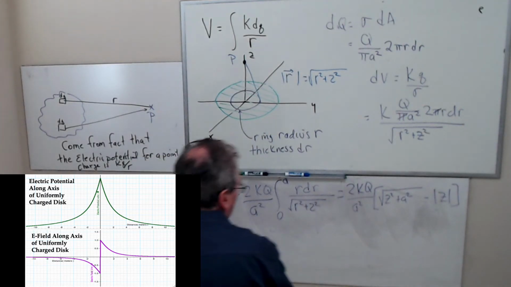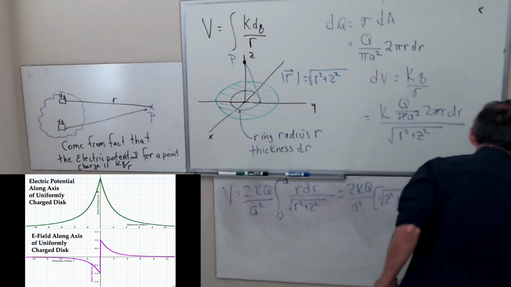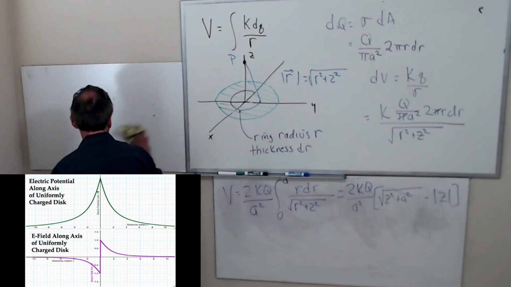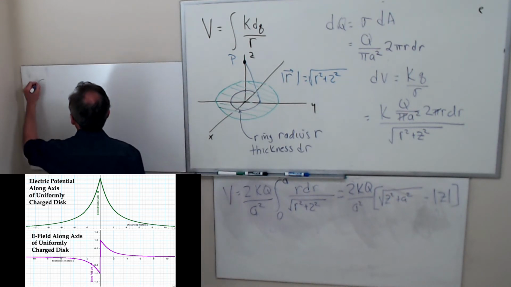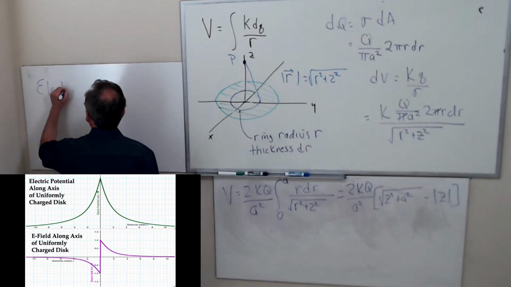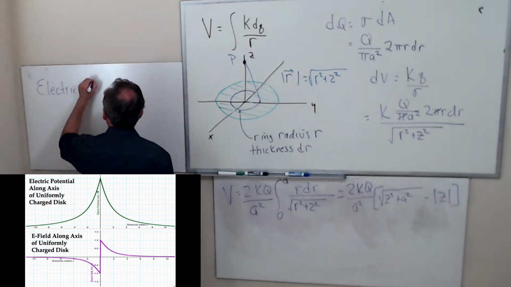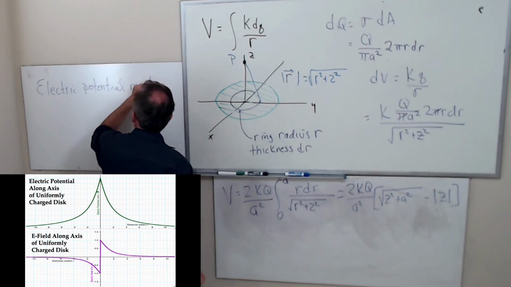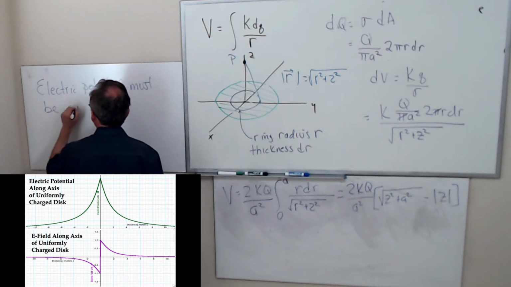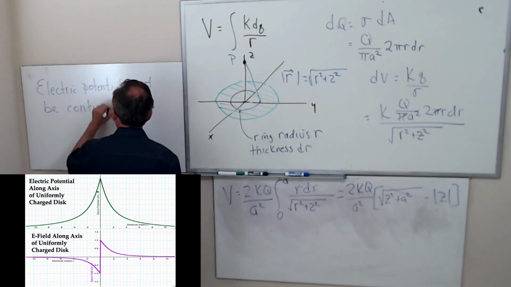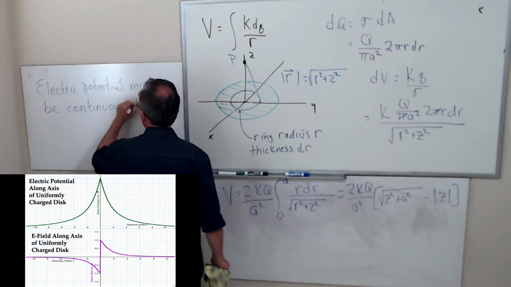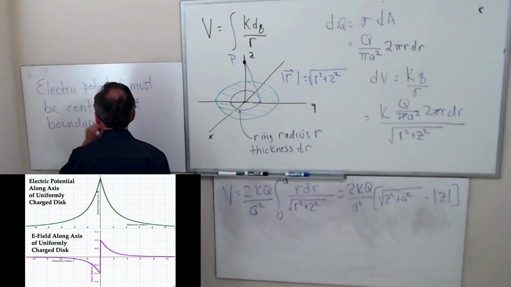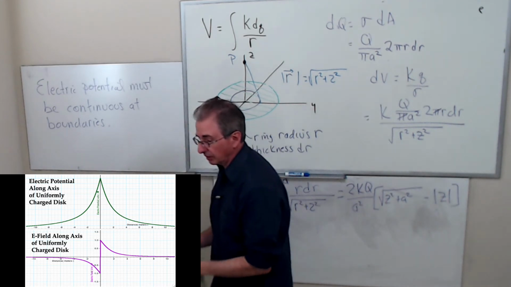It's important to remember, so maybe I'll write it down: electric potential must be continuous at boundaries. The electric field doesn't have to be.